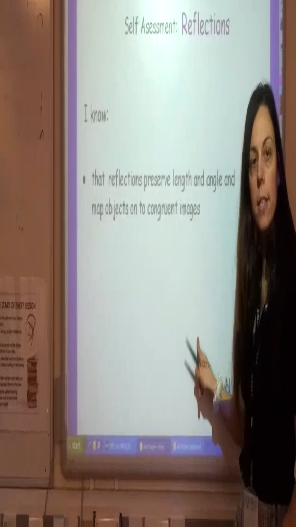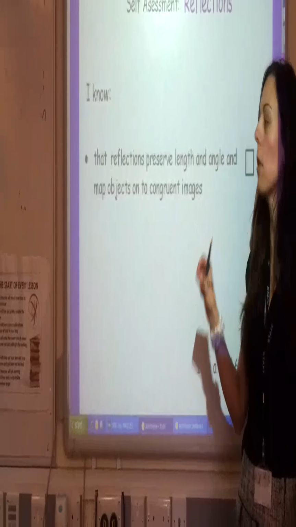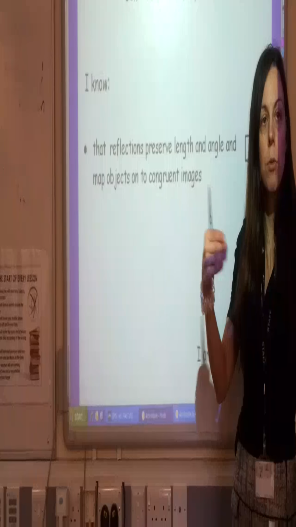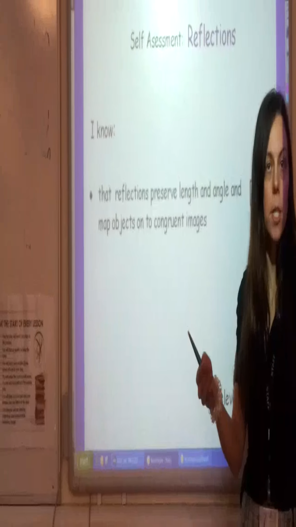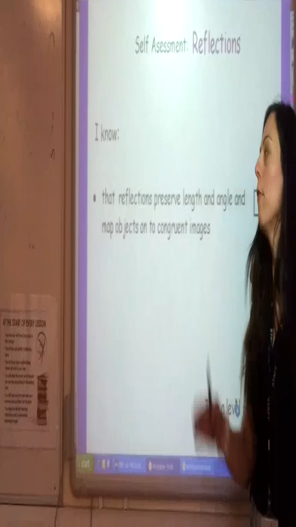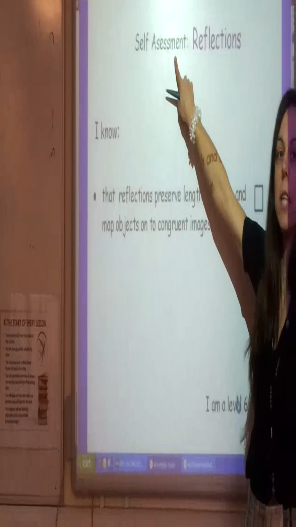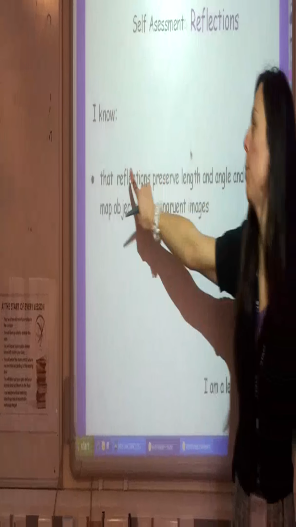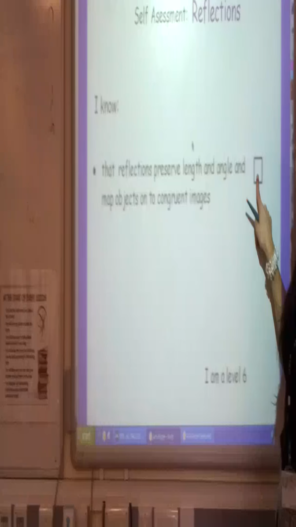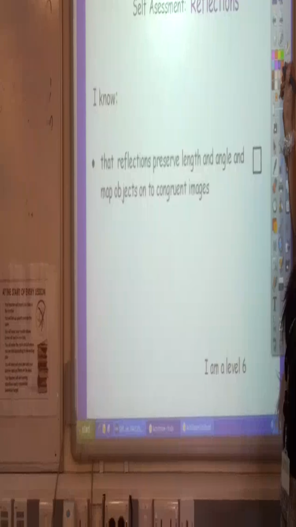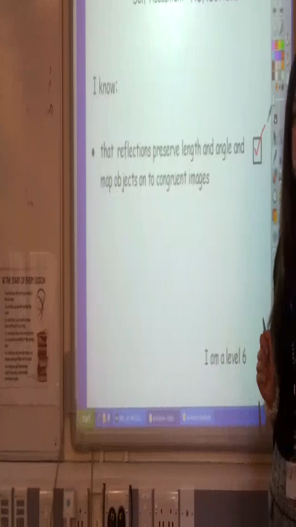You can practice by drawing out your own shapes on a grid and practice reflecting them to see where the image goes. And once you're confident with each stage, you can do your own self-assessment, write down in your books the statements, put your little box, and when you're happy, tick to say that you've done it.